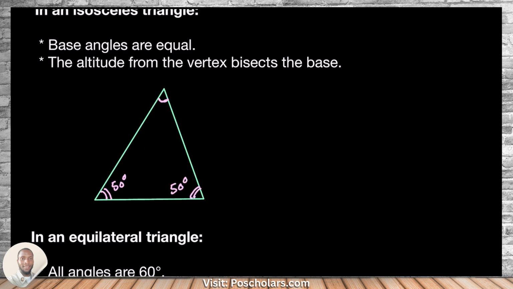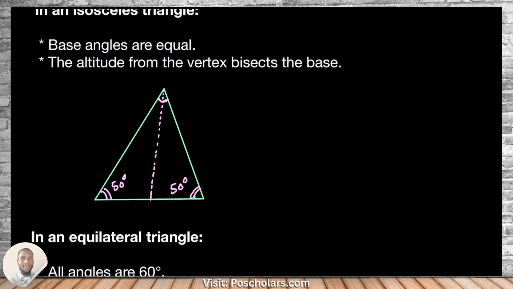Then the altitude from the vertex bisects the base. Altitude means height. So this is the height of the triangle. So it's saying that it bisects the base. So when we draw a line from the altitude of the triangle, right, it must bisect this line into two equal parts, right?